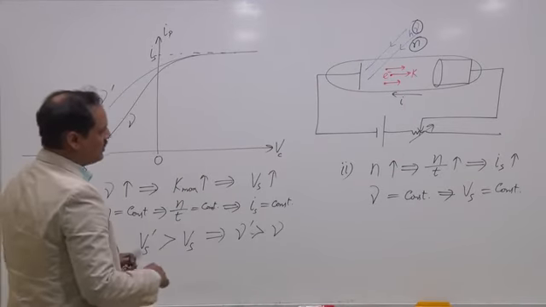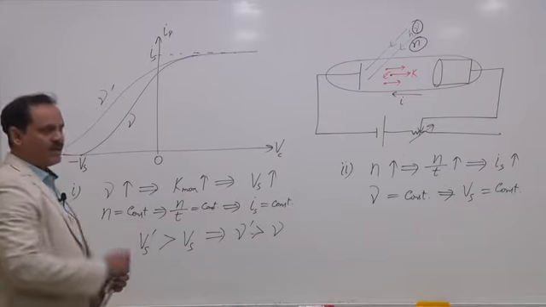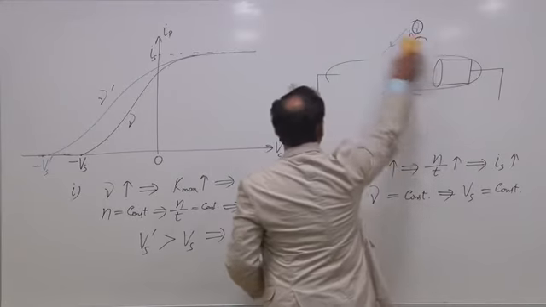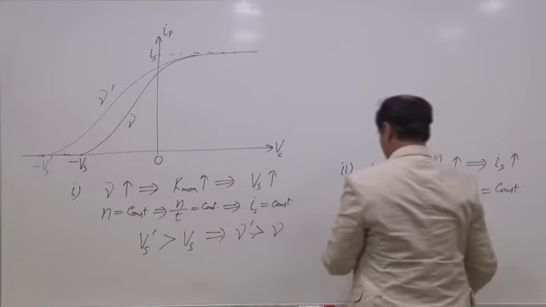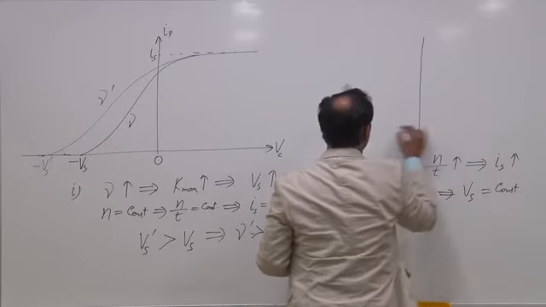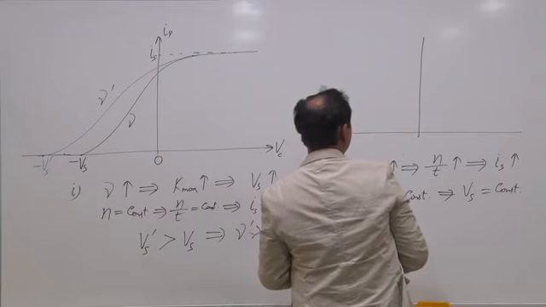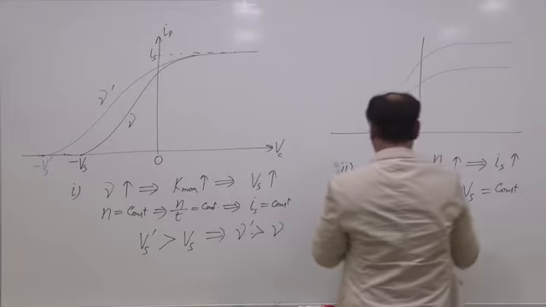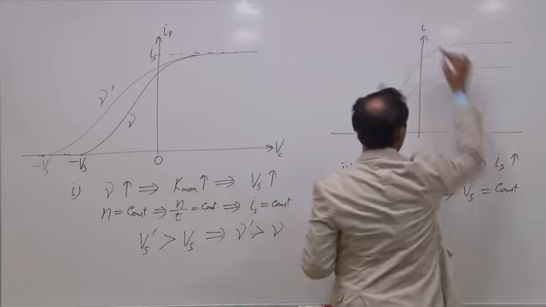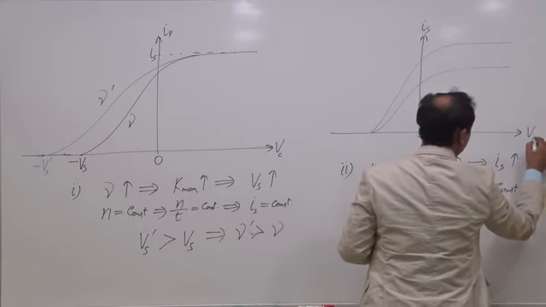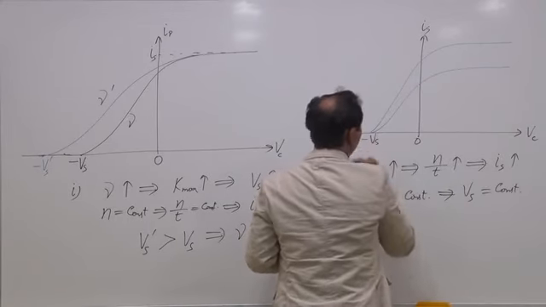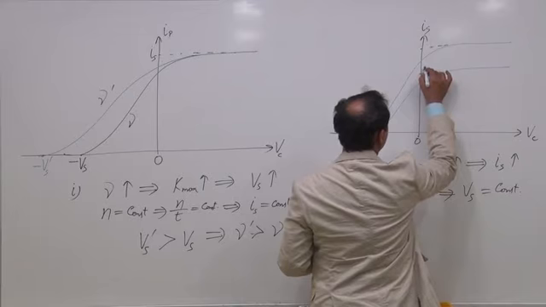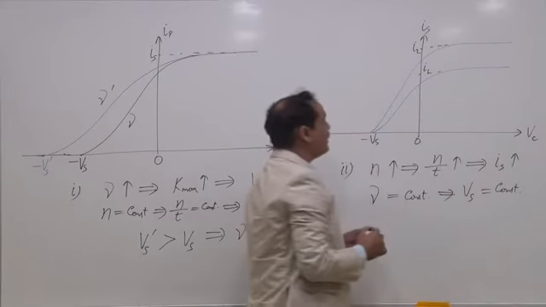So if I plot the variation of saturation current with the rate of incidence of photons, if I plot the graph for two different rates of incidence of photons, suppose this is the saturation current, collector potential 0, minus Vs. Let this be the saturation current I1, this be the saturation current I2.